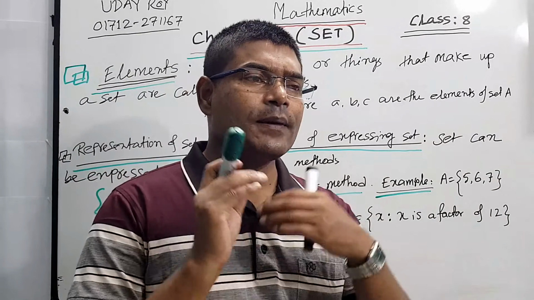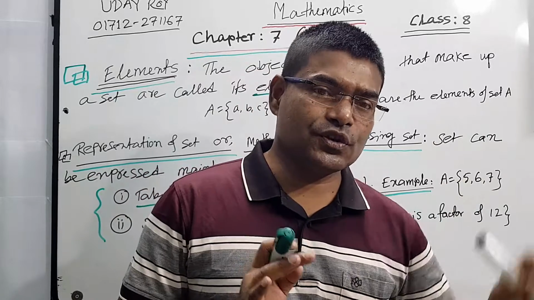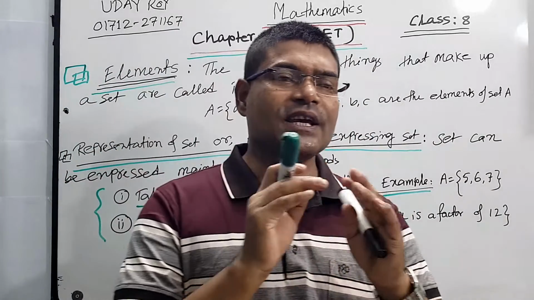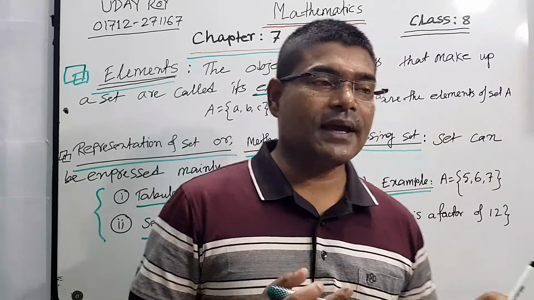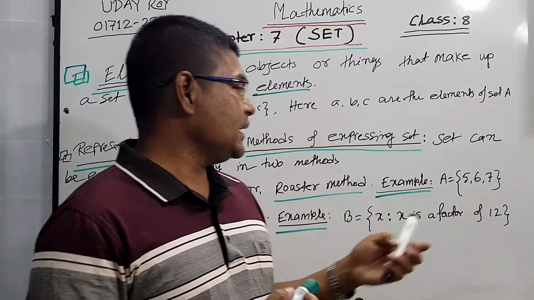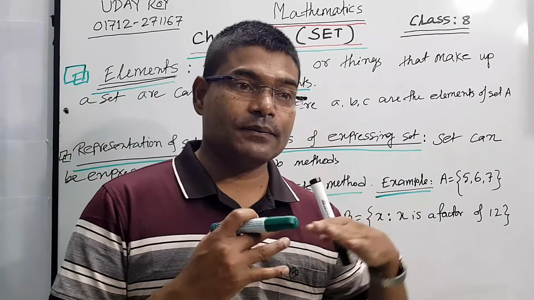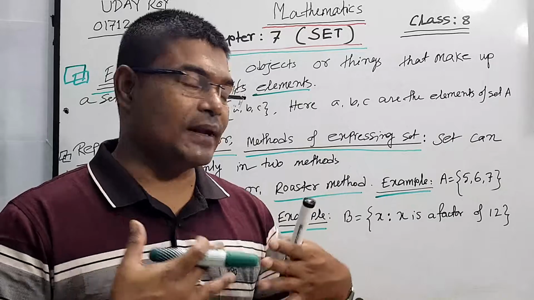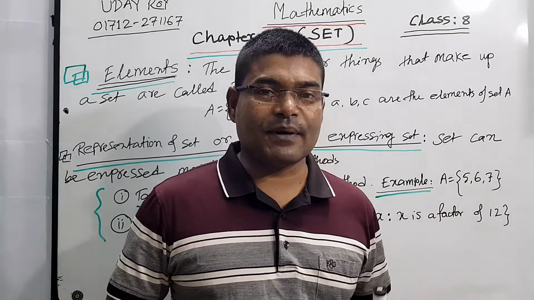Tabular means made by table. B equals {3, 4, 5}. C equals {5, 6, 7}. These are the tables. Okay, so you can see all elements are visible, made using a table. So here A equals {5, 6, 7}.